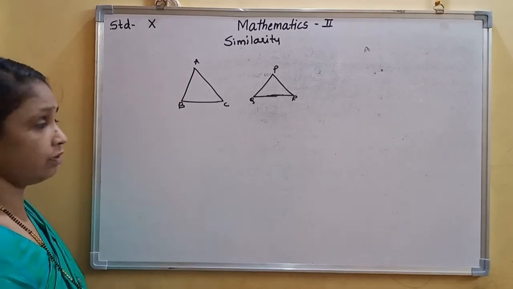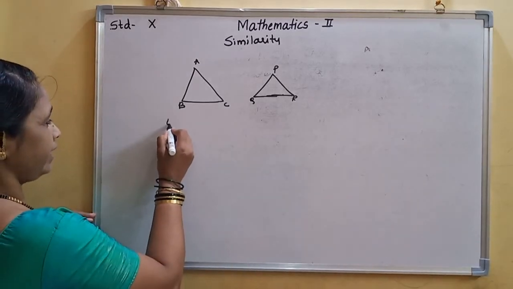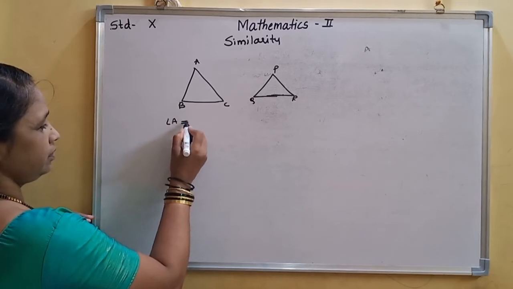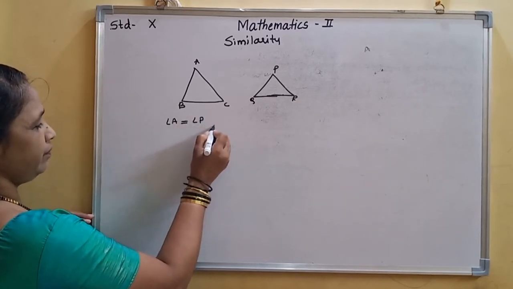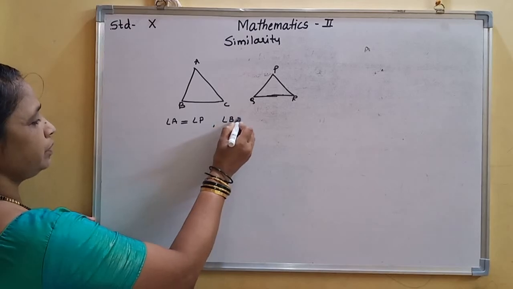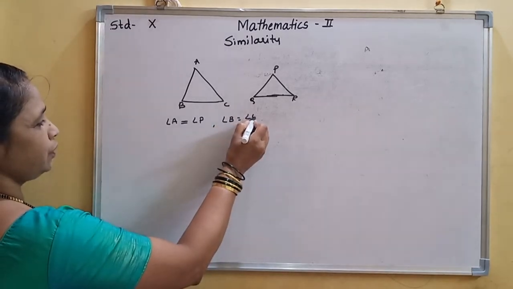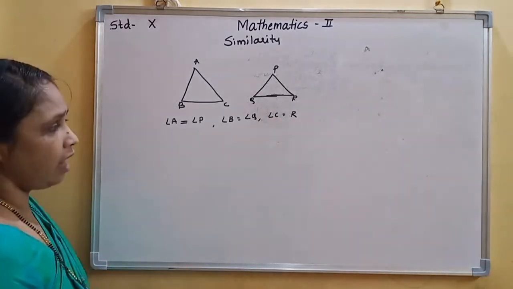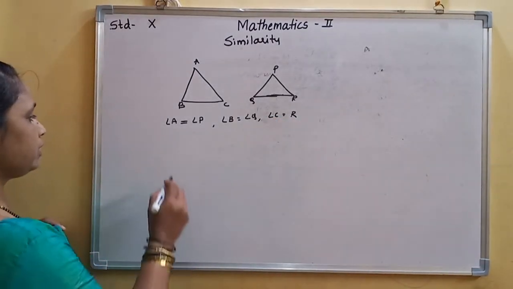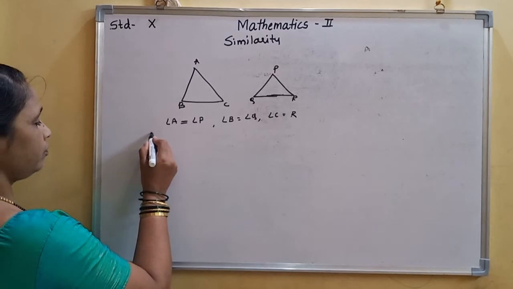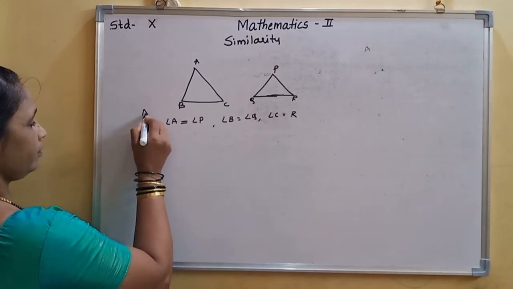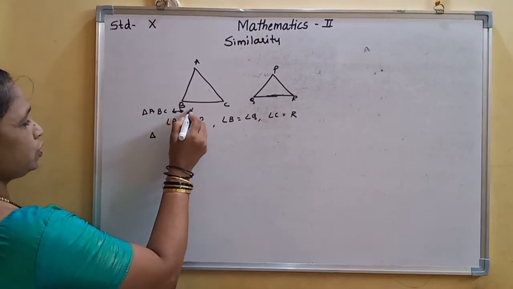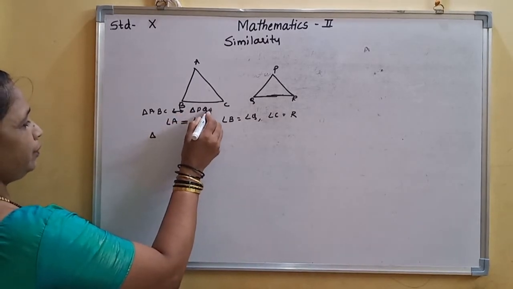These two triangles will be similar when angle A is equal to angle P, angle B is equal to angle Q, and angle C is equal to angle R. This is the one-to-one correspondence of triangle ABC to triangle PQR.